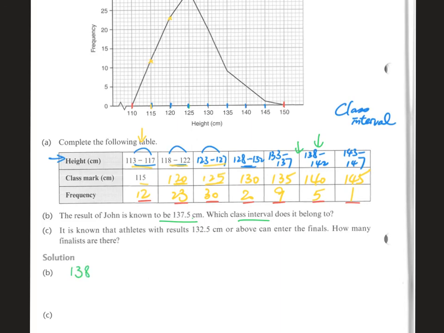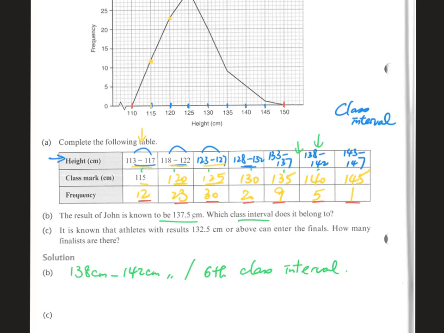So we call it 138 cm to 142 cm. Some of you can also say it's the 6th class interval, counting 1, 2, 3, 4, 5, 6. Both answers are welcome. They are both correct.